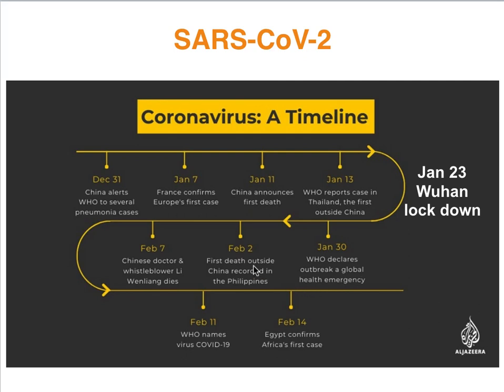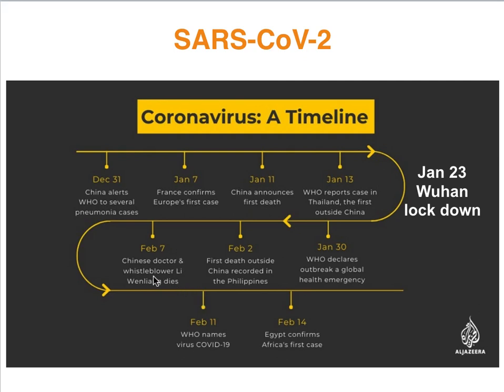And on February 2nd, the first death was recorded outside China. It was in the Philippines. Then, unfortunately, on February 7th, the Chinese doctor who first alerted the authorities to this novel coronavirus and the world basically died from the virus.